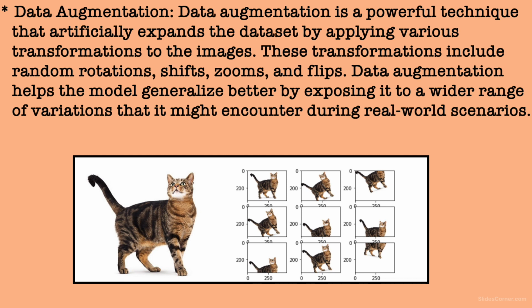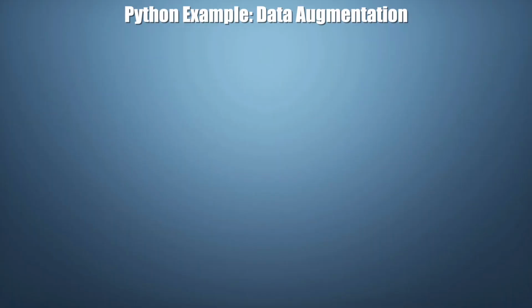So, data augmentation is a technique which provides the extension or expansion of the data. These transformations include random rotations, shifts, zooms and flips. Data augmentation helps the model generalize better by exposing it to a wider range of variations that it might encounter in real world scenarios.